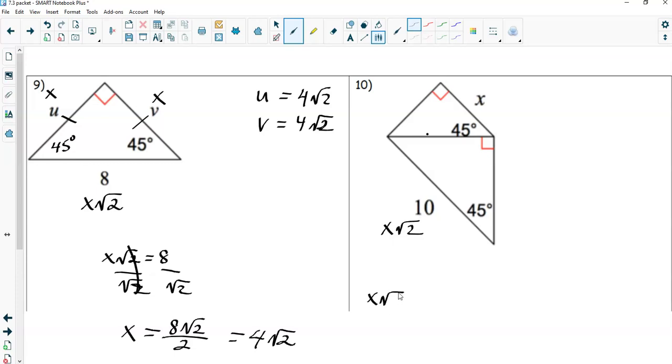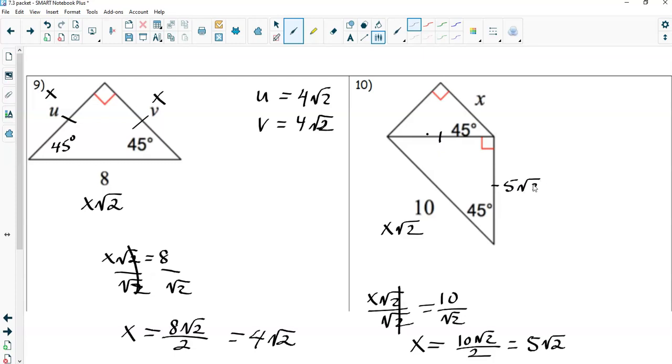So x square root of 2 divided by the square root of 2 equals 10 divided by the square root of 2. Okay, this cancels and it gives me that x. Rationalize the denominator by bringing this up, leaving this outside the radical. Now you have 10 halves, and 10 halves is 5 square root of 2. So therefore, I know that now these and these, which are congruent, this is 5 square root of 2.